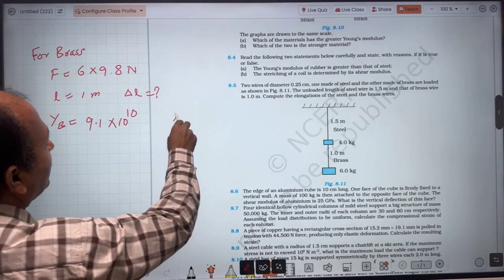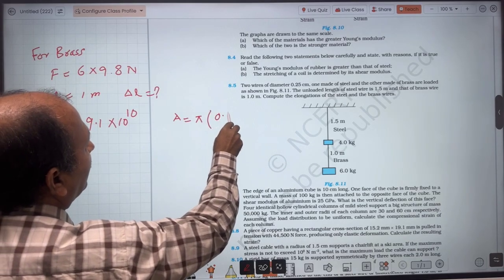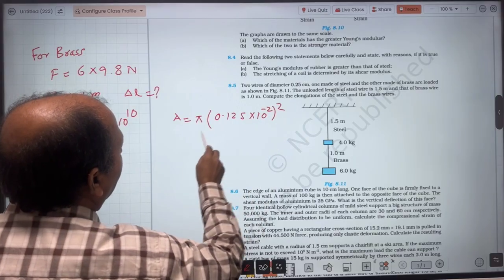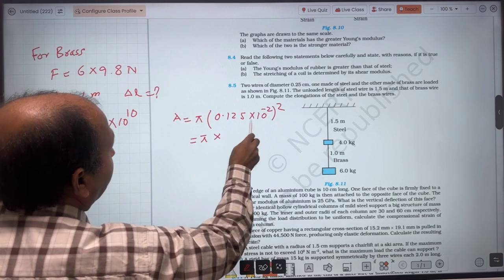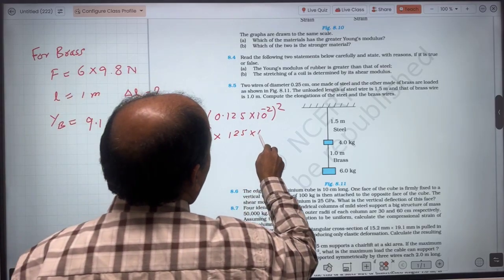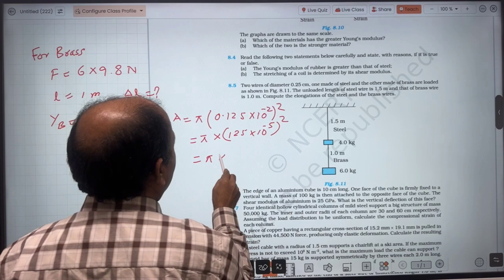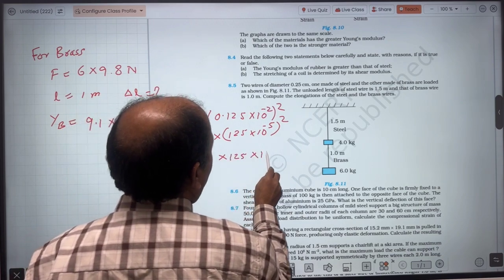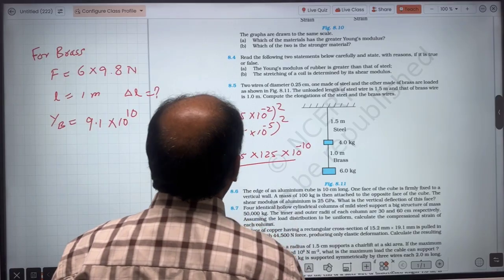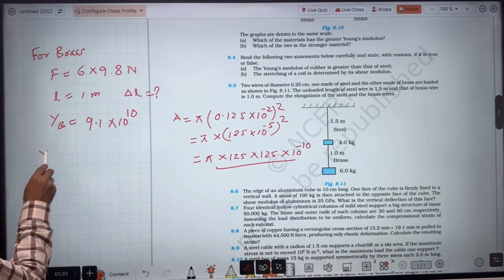And area of cross section as previous one, area will be pi into radius 0.125 into 10 to the power minus 2 whole square, or pi into 125 into 10 to the power minus 5 whole square, or pi into 125 into 125 into 10 to the power minus 10. So this value you can make use. Further simplification is also possible.